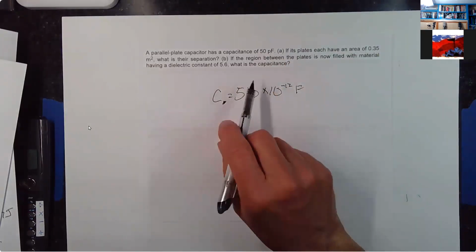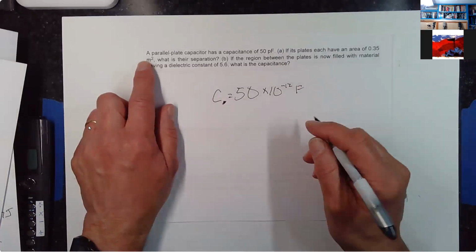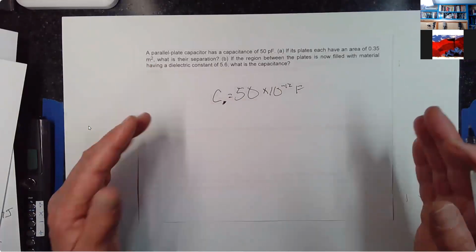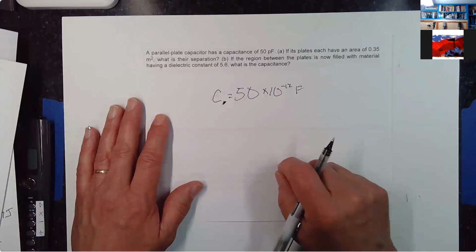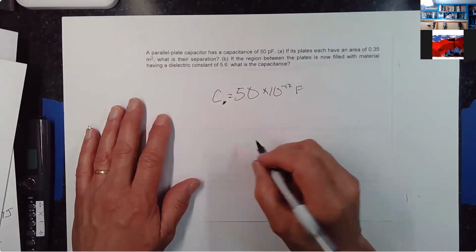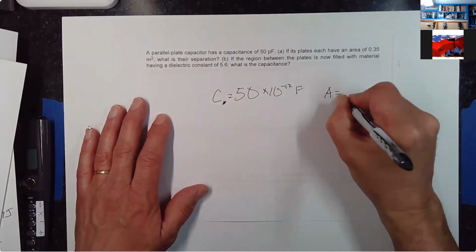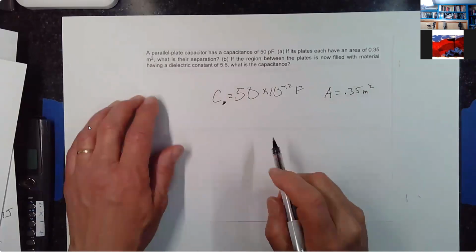Its plates each have an area of 0.35 meters squared. Now the capacitor is not going to be that big. This is going to be rolled up somehow, or some tiny little sandwich. But the area is 0.35 meters squared.